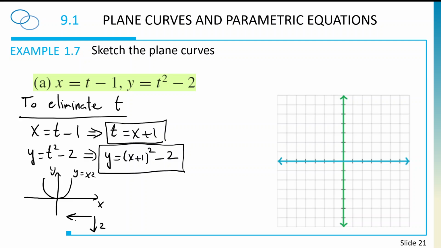So 2 units down, 1 unit to the left. So the vertex here will be what? -1, -2. The vertex of this parabola is -1, -2.